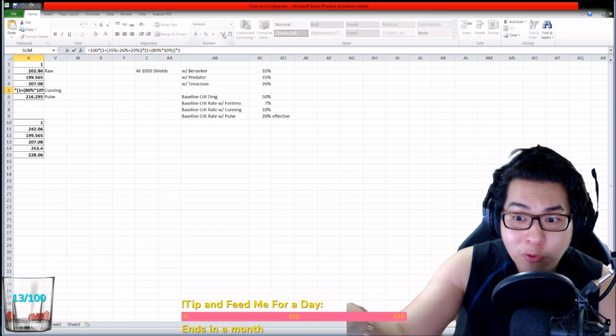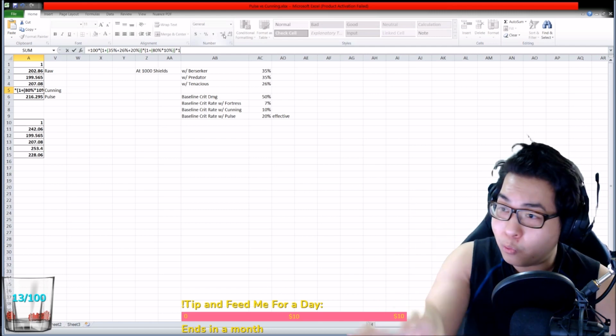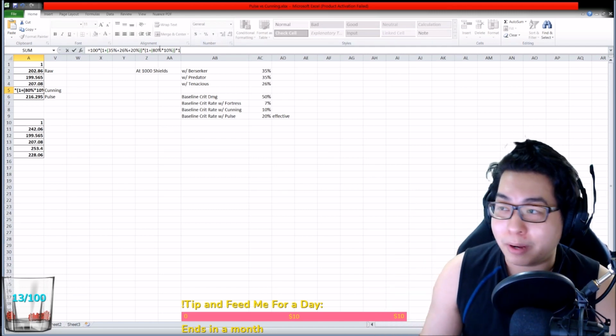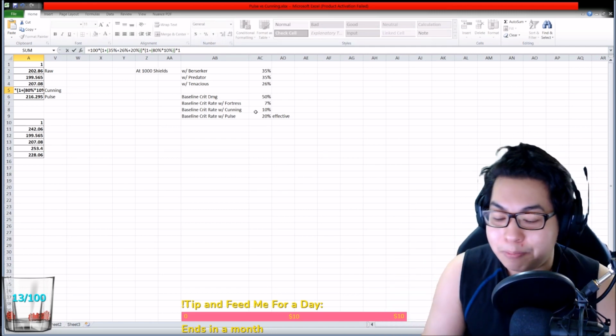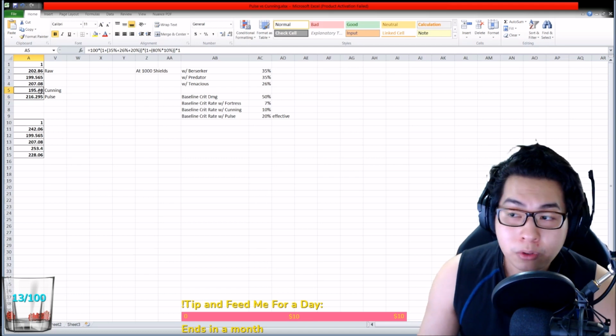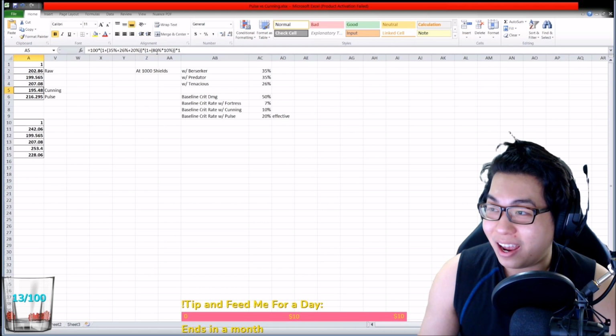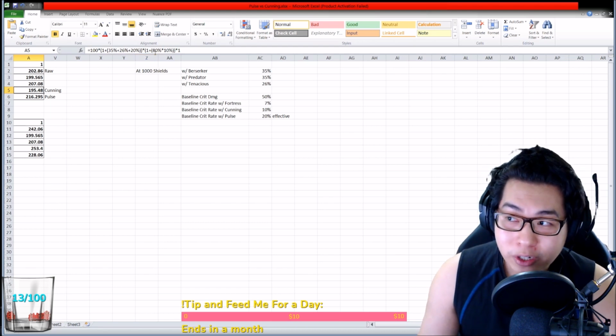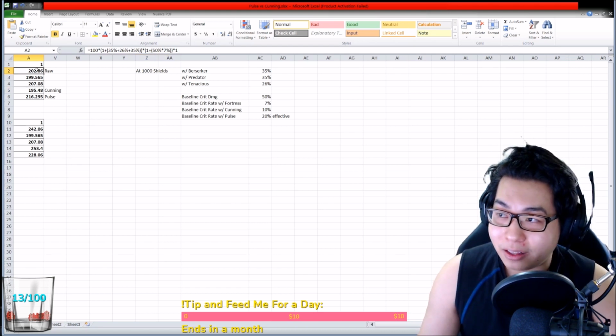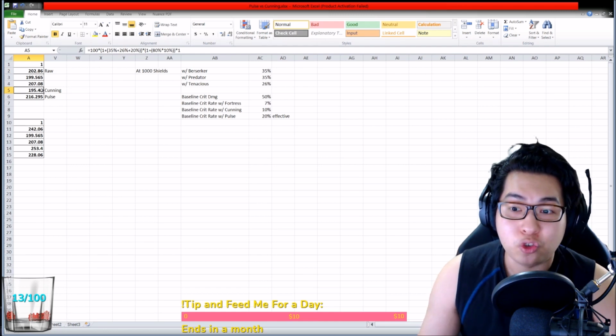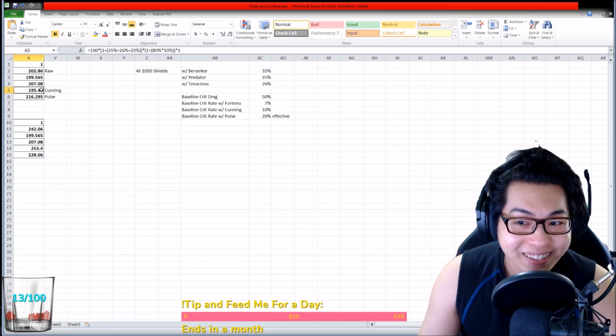You can use these formulas yourself in your Excel if you want to start playing around with attack speed and things like this. But anyway, what is your baseline DPS looking like? You'll notice it's actually lower. Despite the fact that your crit damage and crit rate are higher than in the raw version, your overall average DPS has dropped by a lot.